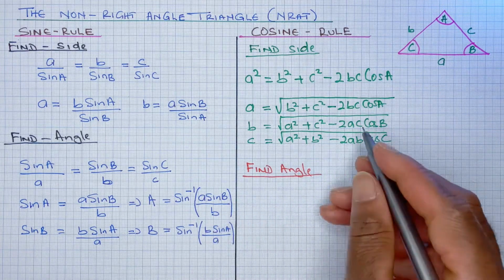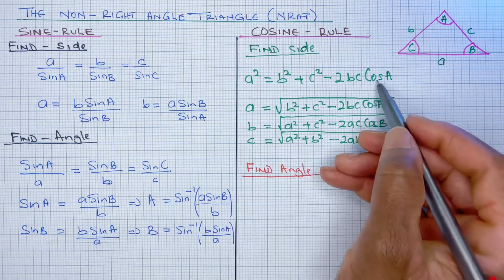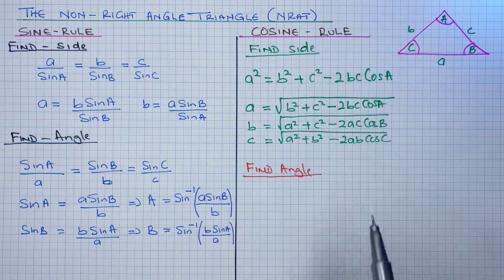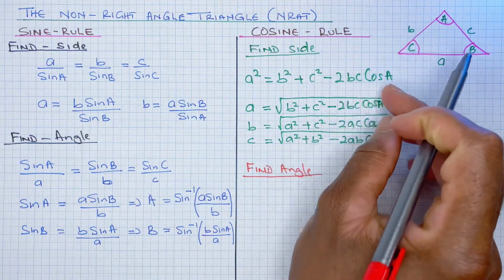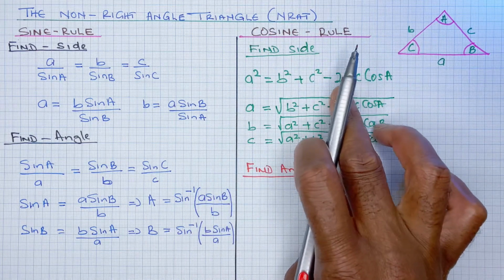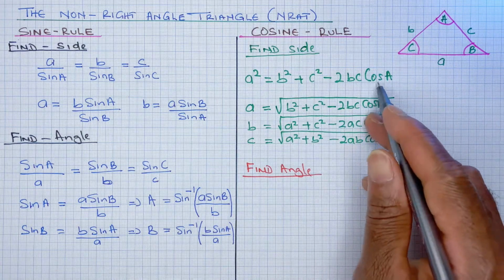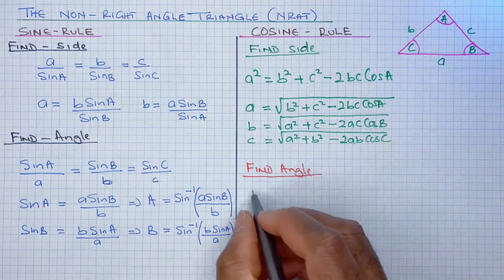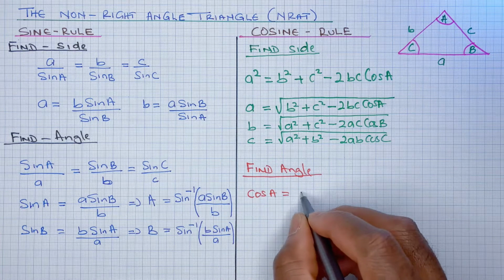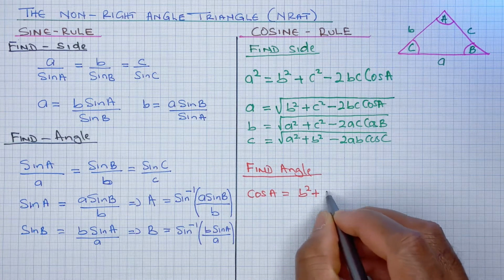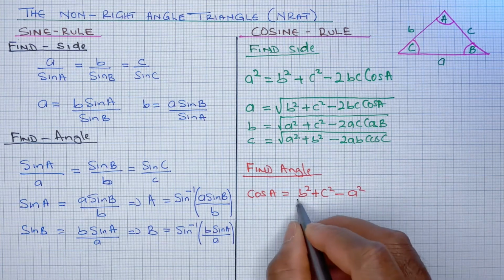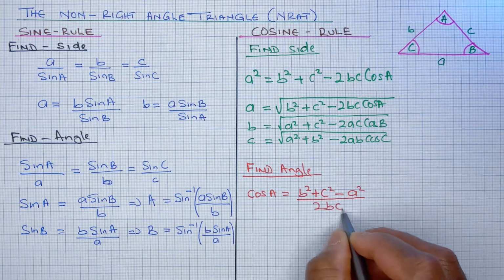in this case, I'm going to find cos A. All I'm going to do is rearrange this. If I take minus 2bc cos A to the other side and take a squared to this side, and then divide both sides by 2bc, I get cos A equals b squared plus c squared minus a squared, divided by 2bc.